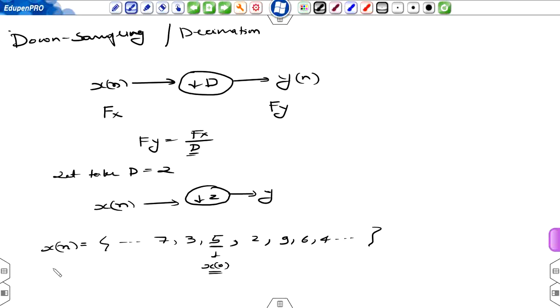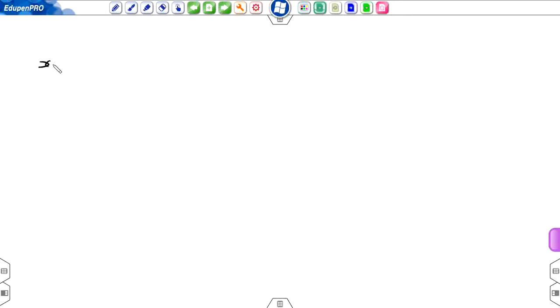So I can draw this on a graph. So x[n] on the y-axis and n on the x-axis.